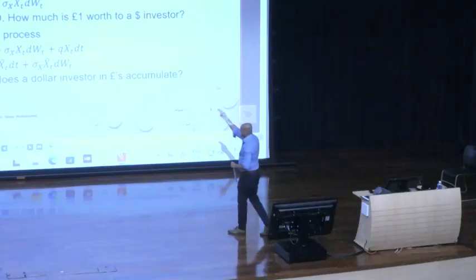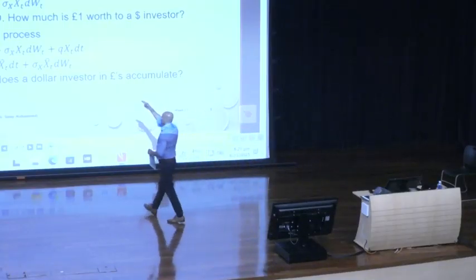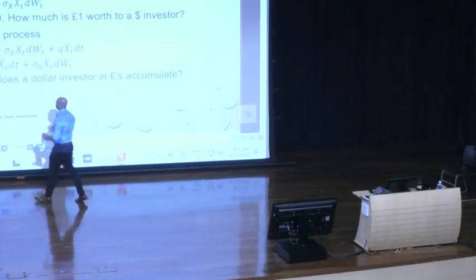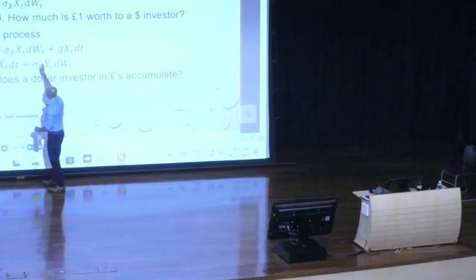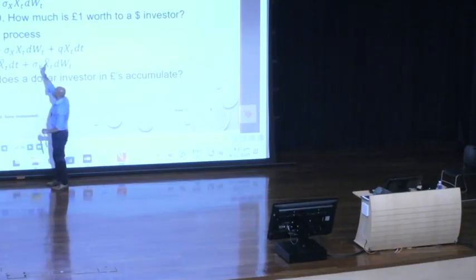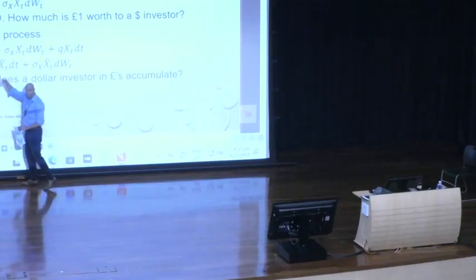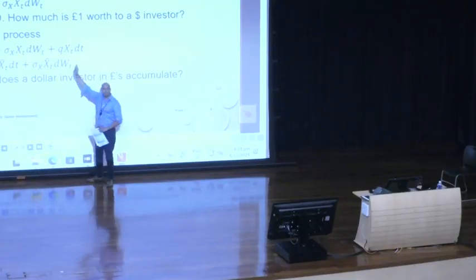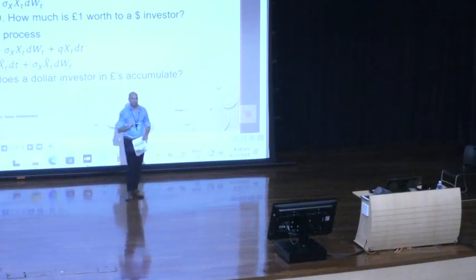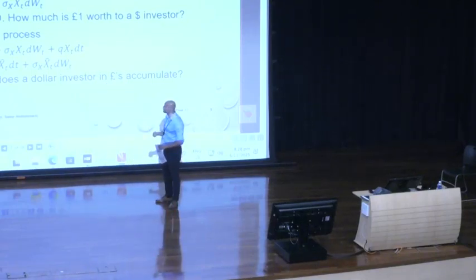But if you're an investor in pounds, then you care about what I call the wealth process, which is X hat. And that's basically the component to wealth which comes from the fact that the FX can just move in your favor or against you, but you're going to get some dividend, which is always in your favor, assuming interest rates are positive.